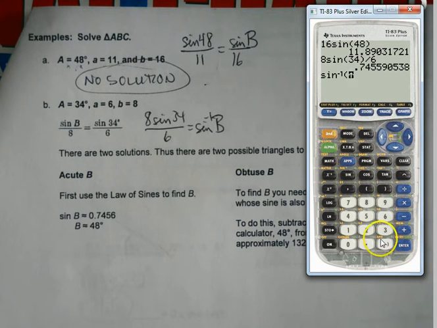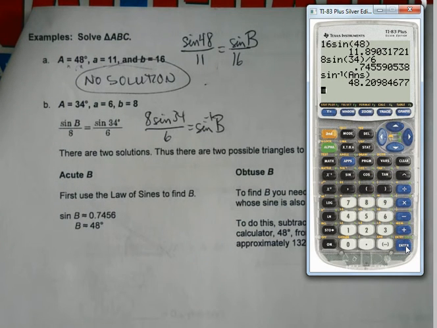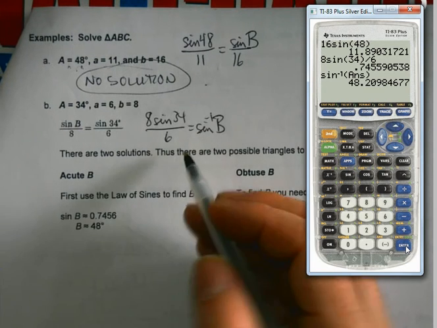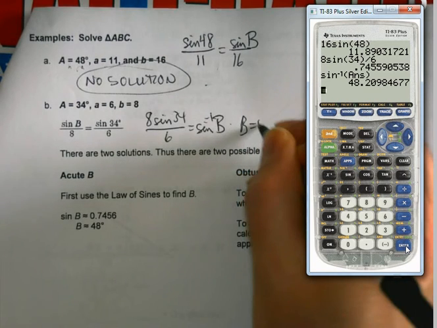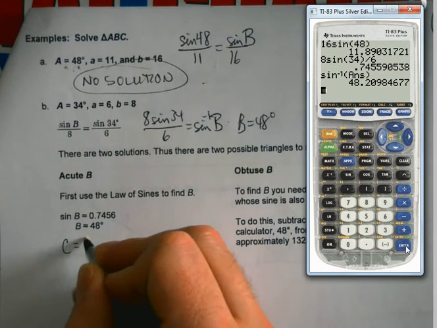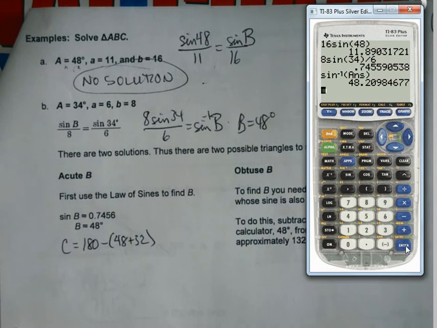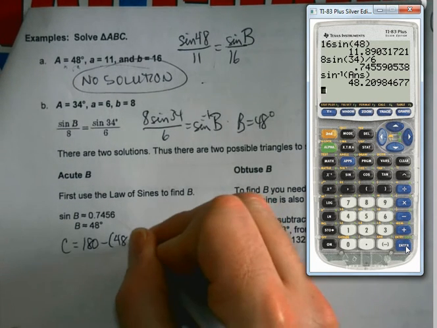So I take my inverse and I get approximately a 48-degree angle, and you're like, okay, so what's going on here? Because I've got that, I can find the other value. If I know that B is 48, I could figure out C. C would just be 180 minus the sum of those, oops, 34.